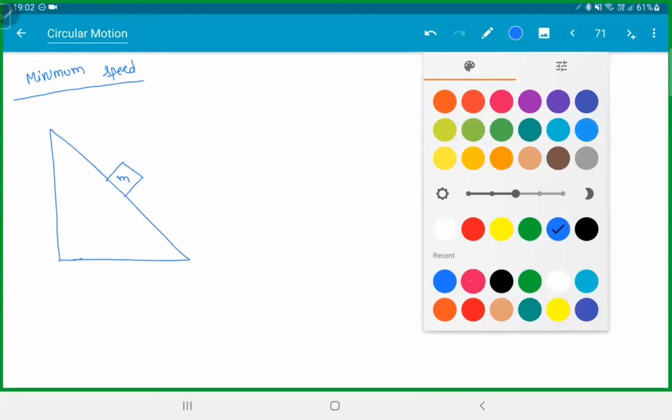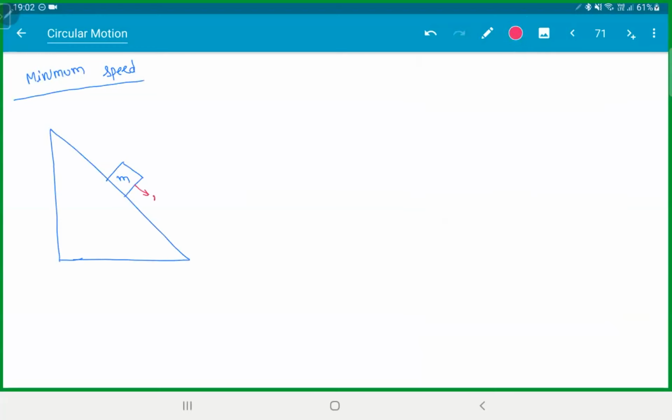So in this case, mg sin theta, mg cos theta, normal reaction, mv square by r cos theta. The most common mistake now is that people write N is mg cos theta. Just be careful with that part. If you take care of that, the rest of the thing is fine.